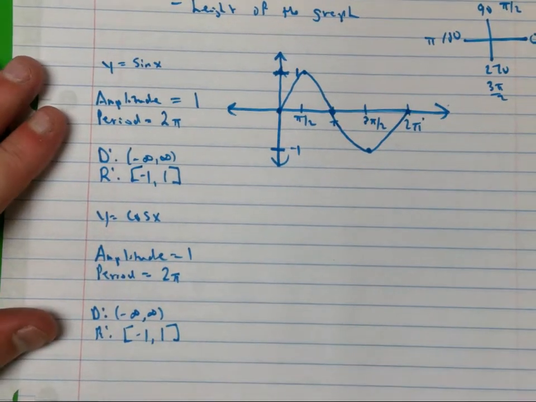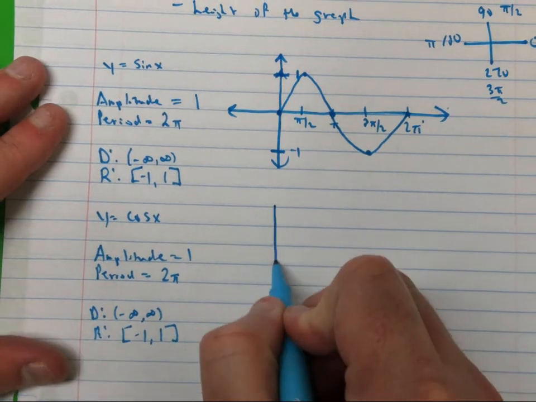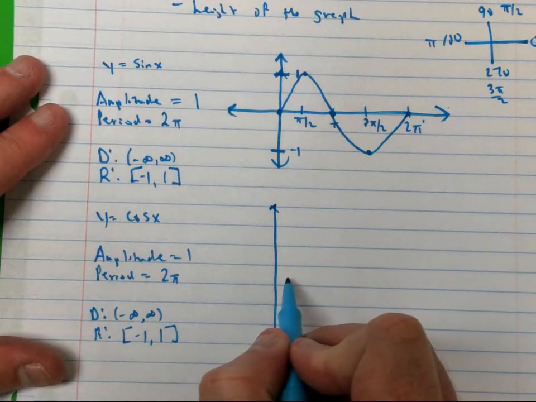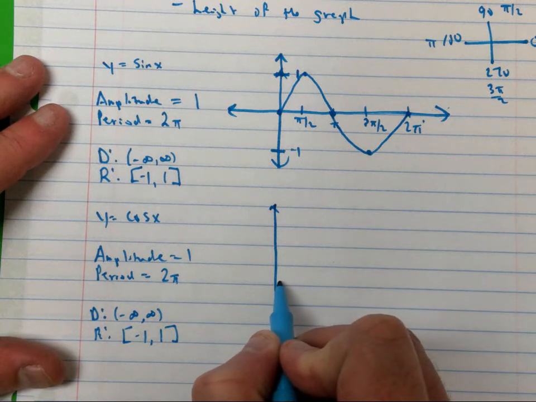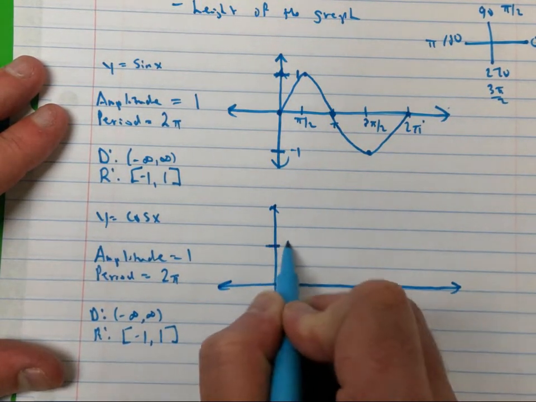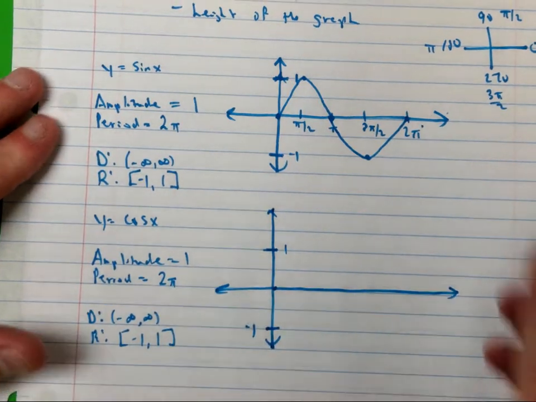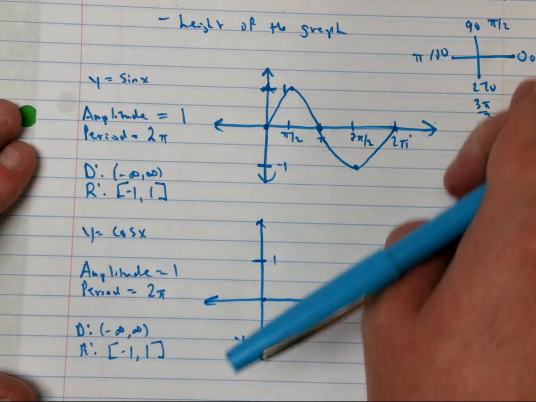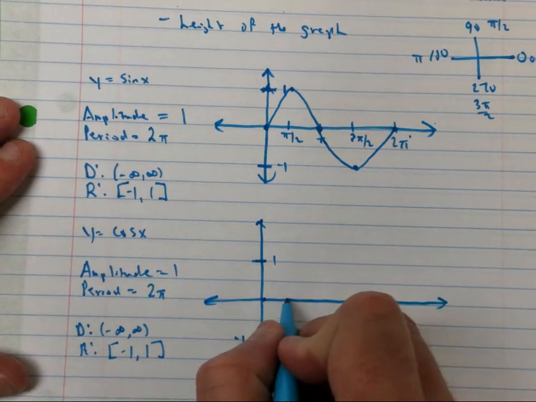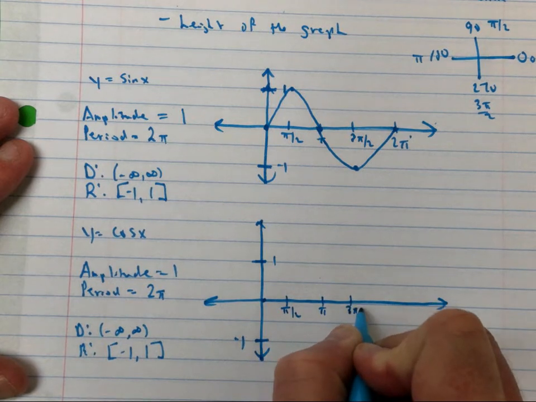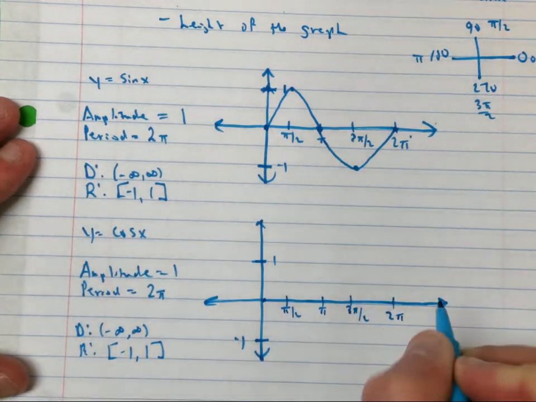Alright, so I'm going to sketch the parent function. And once again, do the major 4 points around the unit. So I'm going to have pi over 2, pi, 3 pi over 2, and 2 pi.